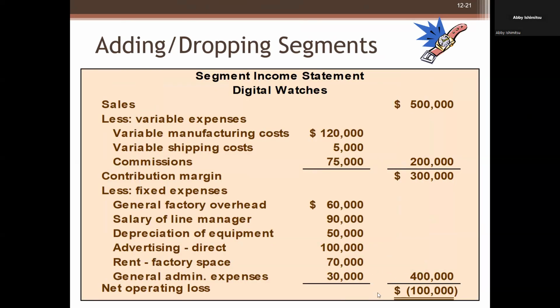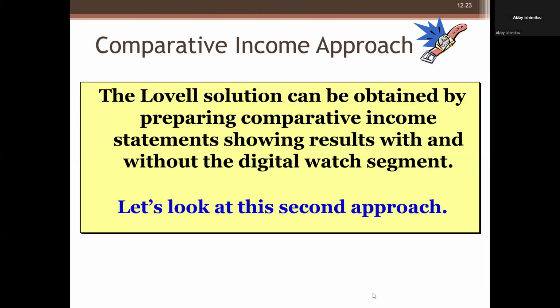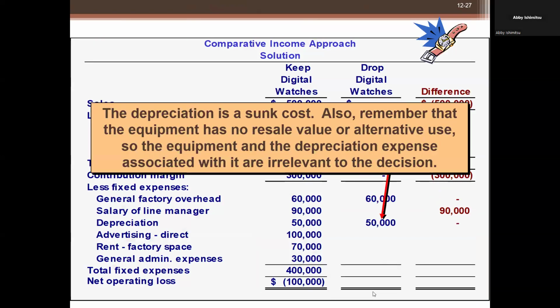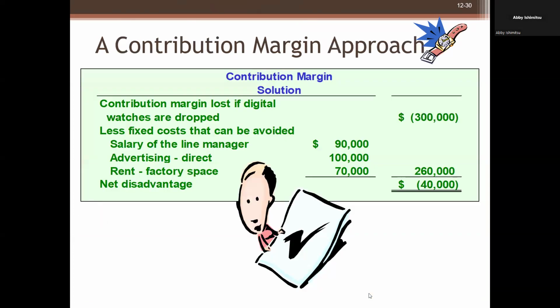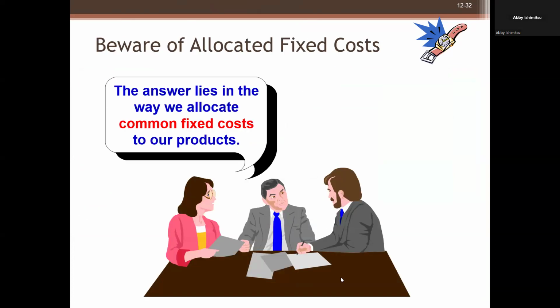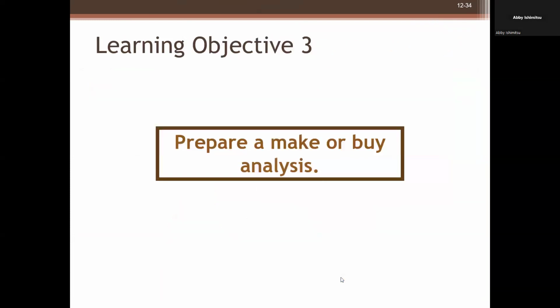We're losing $100,000 a year, and then we go on and figure out whether we should make that decision or not. And a lot of it looks pretty easy, but then you get into something called allocated fixed costs. So we have to really revisit overhead, revisit how we allocate, and see if there's a benefit to the company.